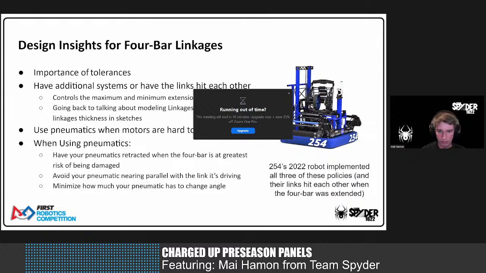Team 254, the Cheesy Poofs, which is shown here, implemented all of these policies into their 2022 robot. When I personally was designing a 4-bar linkage over the summer, an intake, all I really did was make sure that the intake pneumatic didn't change angle too much. I didn't follow the other policies.